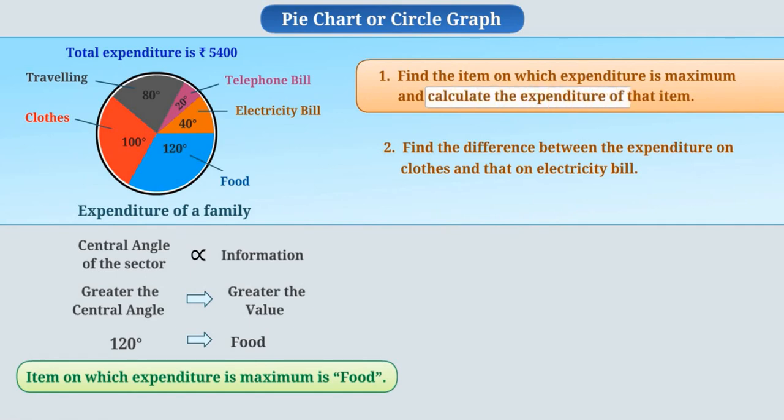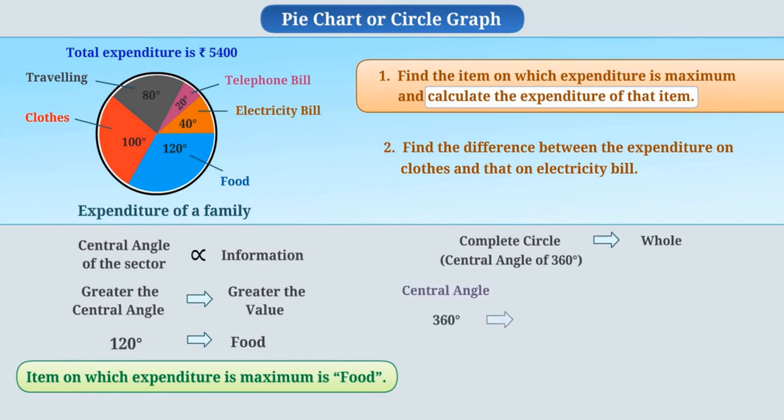Let's calculate the expenditure. In the case of pie chart, a complete circle, that is central angle of 360 degree, represents a whole. Therefore, here the central angle 360 degree represents total expenditure, that is 5,400 rupees.